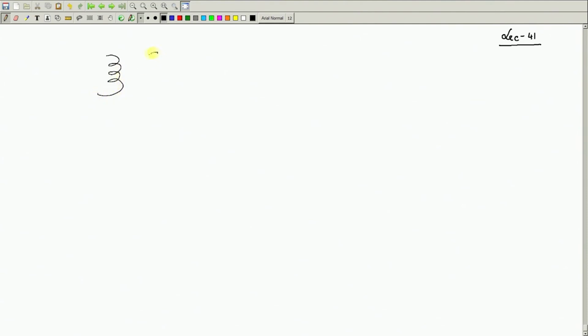If there are two coils, dot markings should be there. There are some problems which can be solved independent of dot marking.